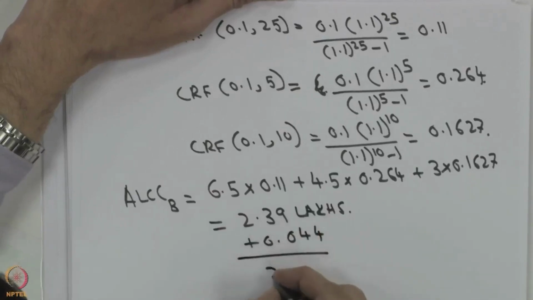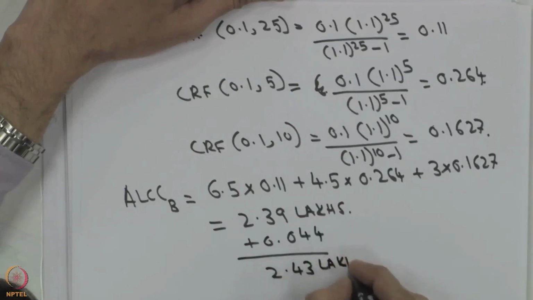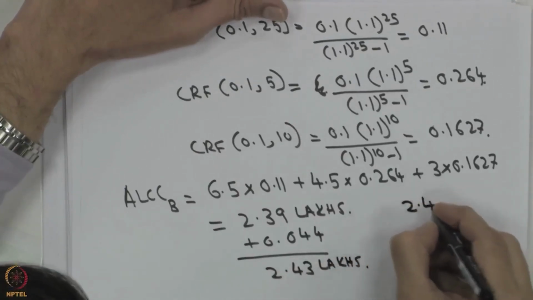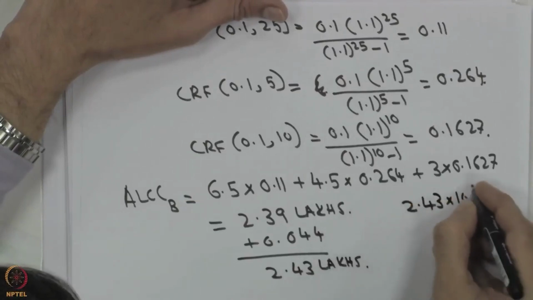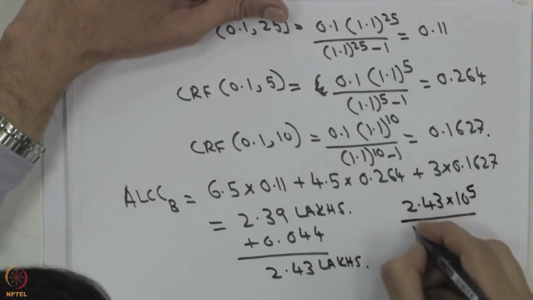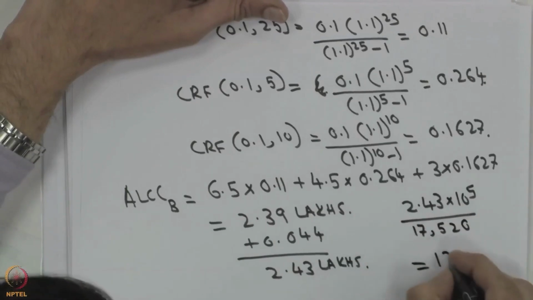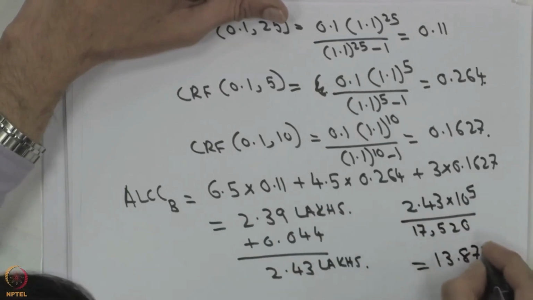So, we are talking of 2.43 lakhs. The cost of generated electricity now is 2.43 into 10 raised to 5 by 17,520, and this turns out to be 13.87 rupees per kilowatt hour.